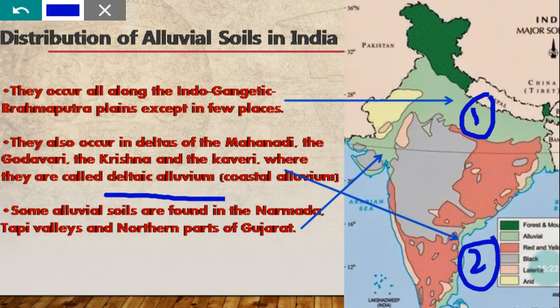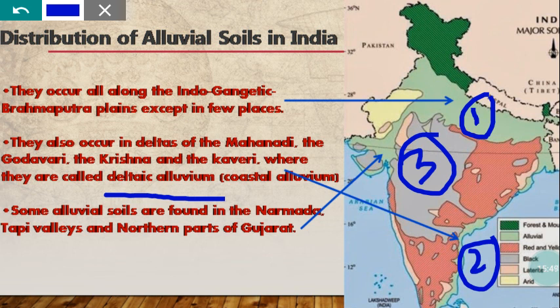Number 3 here, the western part of India. Some alluvial soils are found in the Narmada and Tapi valleys and the northern parts of Gujarat. So mainly in India, we can see the alluvial soil, first of all in North India, that means Indo-Gangetic Brahmaputra plain.